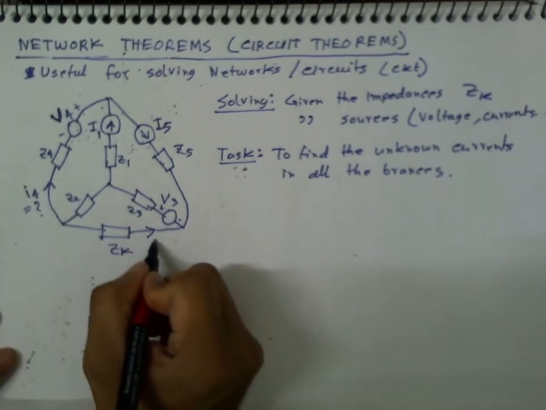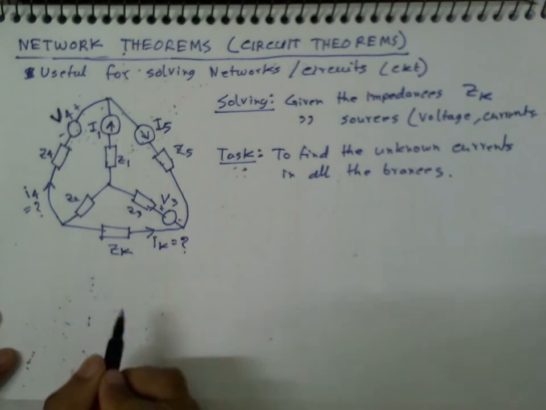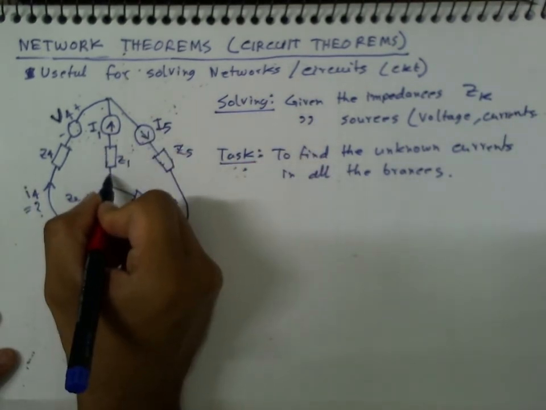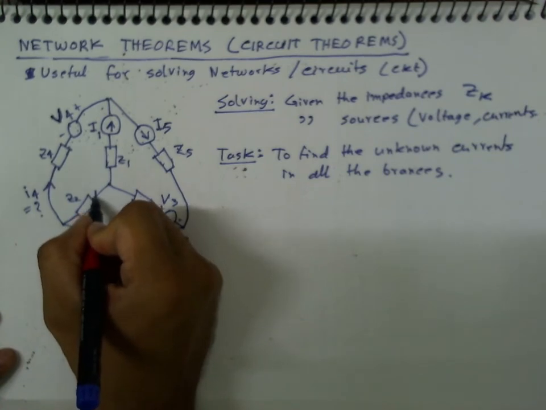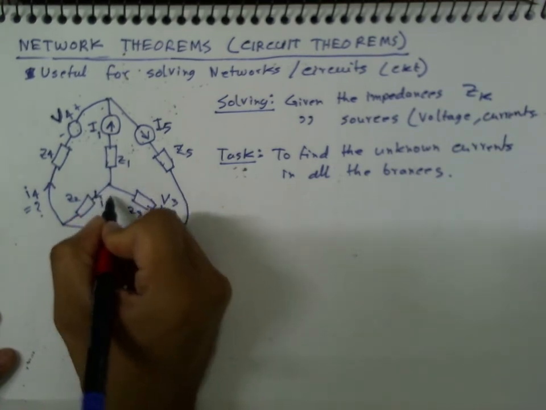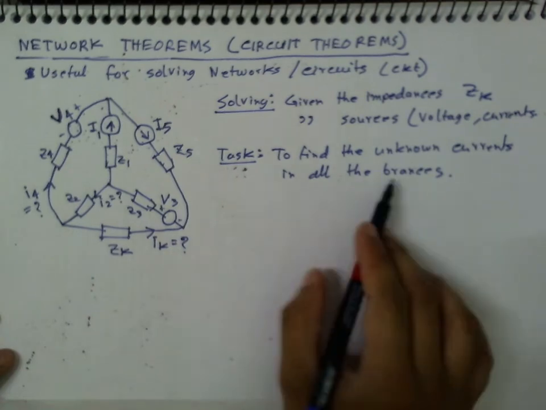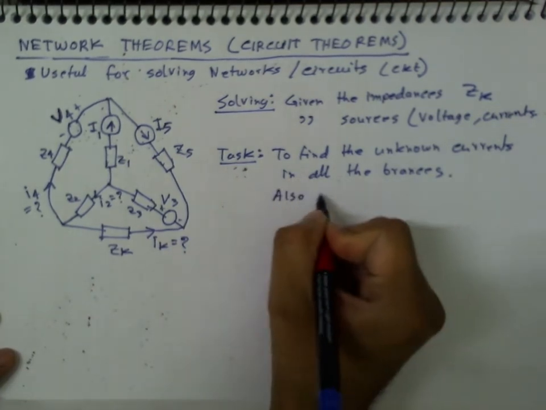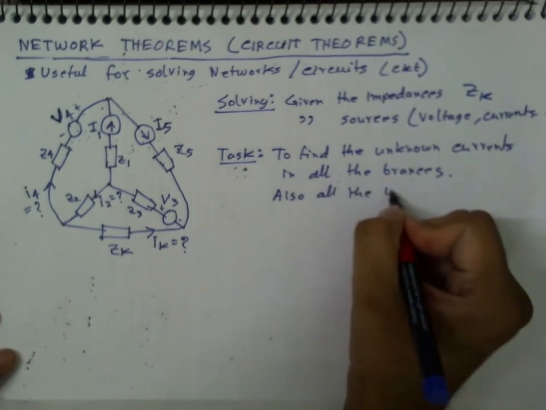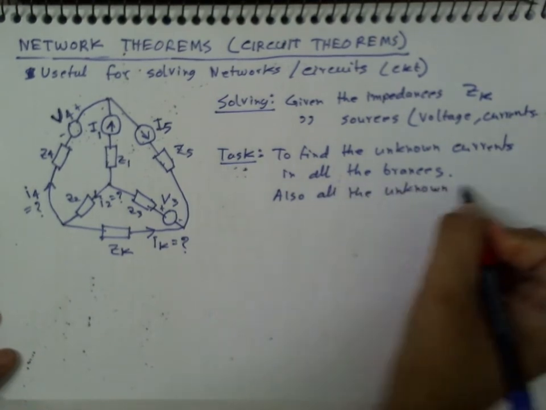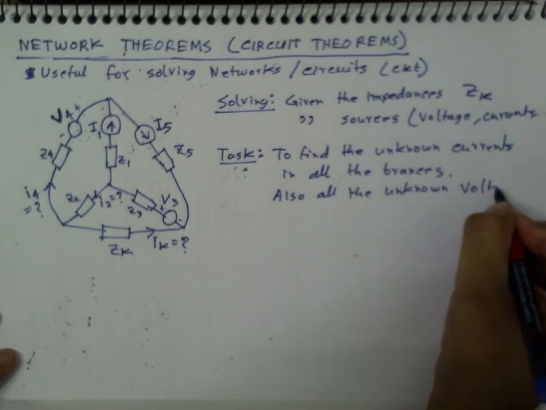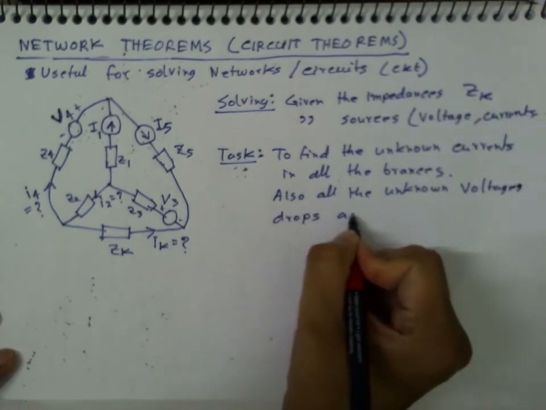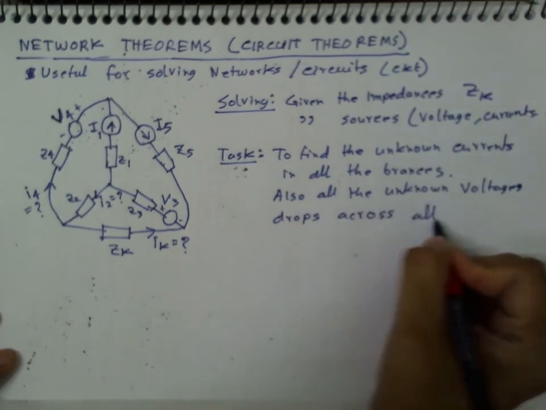Or this current, if I call it Ik, this is equal to what? Or maybe this current, which I call I2, this is equal to what? So all these currents, what are they? And also all the unknown voltages or voltage drops across all the branches.